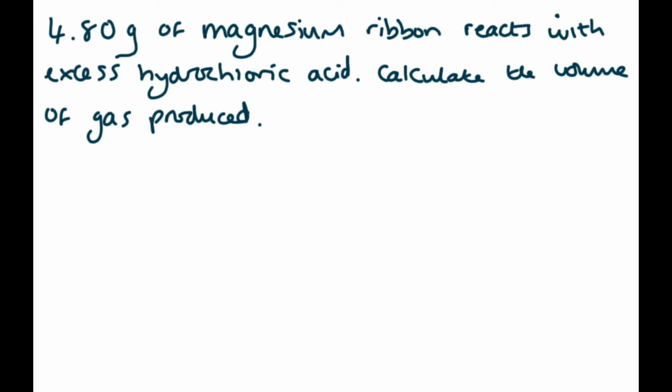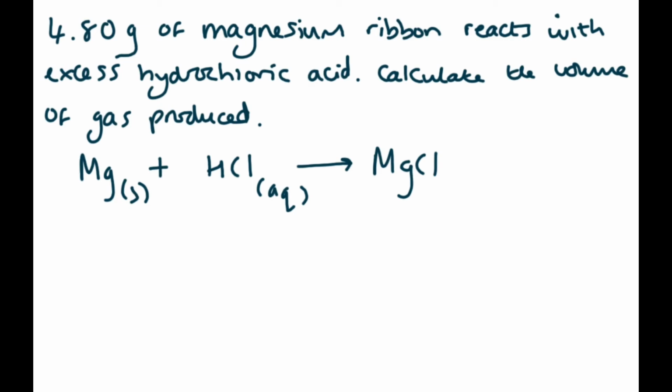So we've got magnesium ribbon, and we're going to put state symbols in because it's good practice, and it reacts with hydrochloric acid. And that's going to make, now hopefully you watched the writing chemical equations video, and so you should know it forms magnesium chloride, salt, plus hydrogen gas, and we just need to balance the equation.